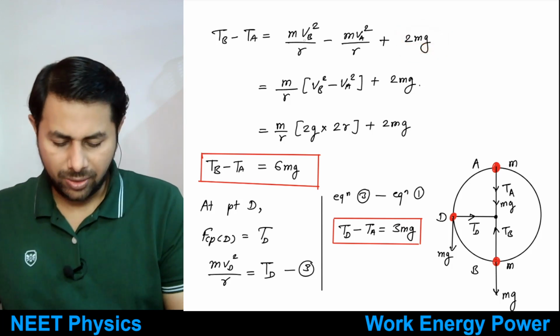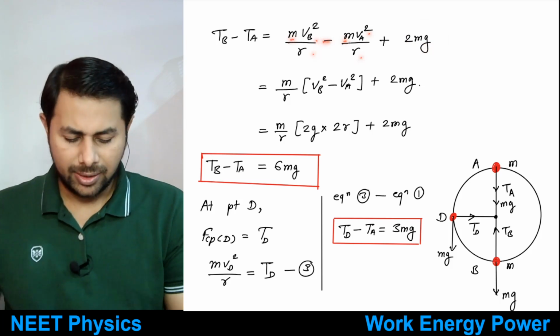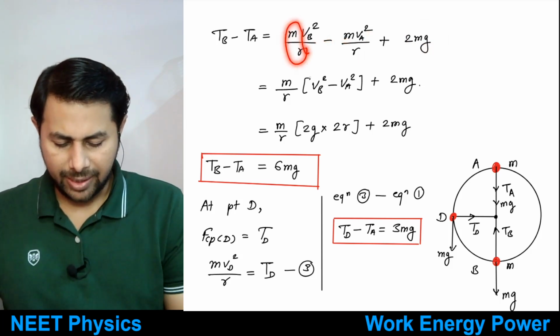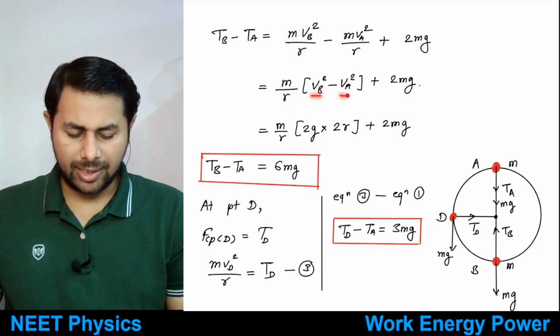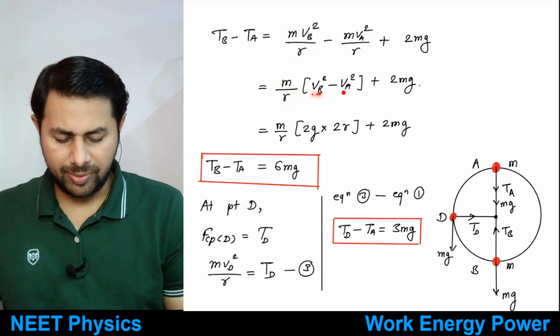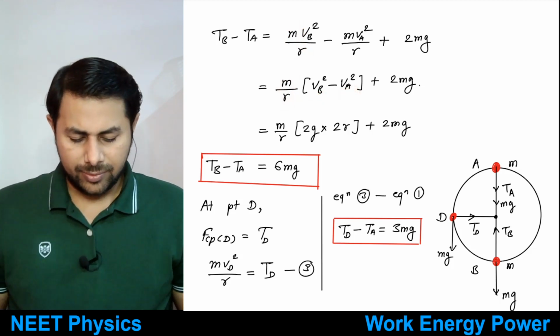Out of that I can take m by r common. Then you have Vb square minus Va square, right?